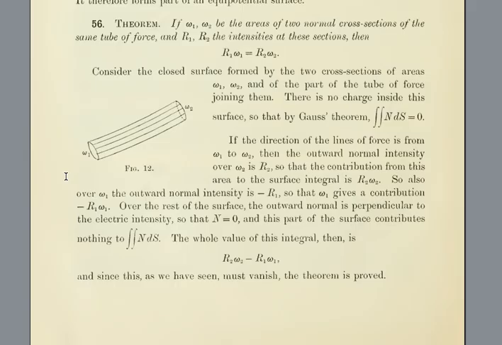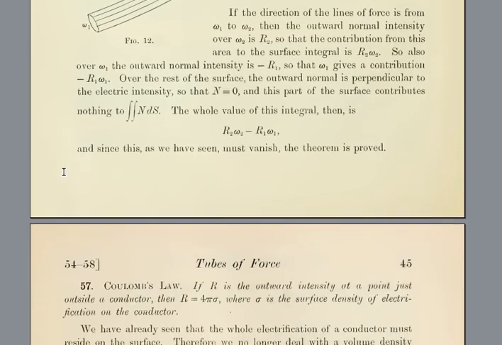Over the rest of the surface, the outward normal is perpendicular to the electric intensity, so that the normal component of the field is equal to 0, and this part of the surface contributes nothing to the integral. The whole value of this integral then is R2 multiplied by omega 2 minus R1 multiplied by omega 1, and since this, as we have seen, must vanish, the theorem is proved.